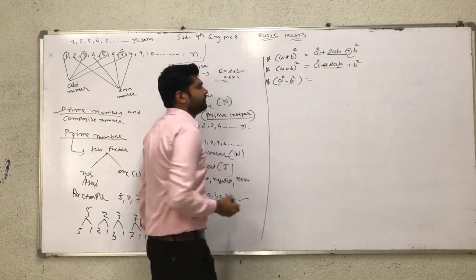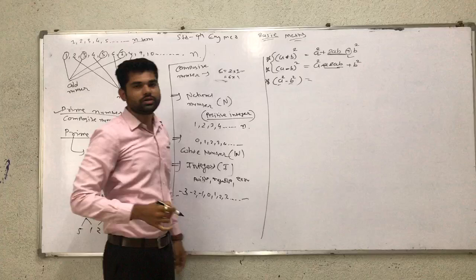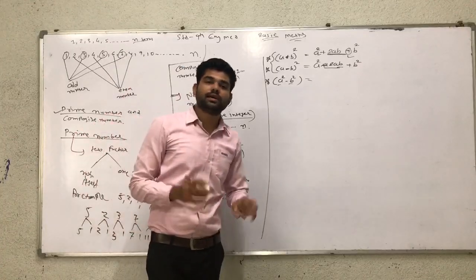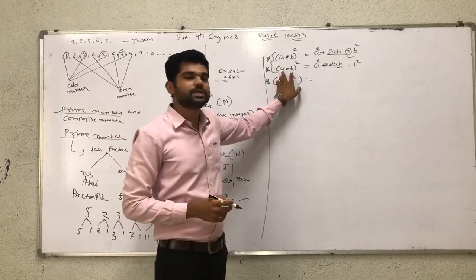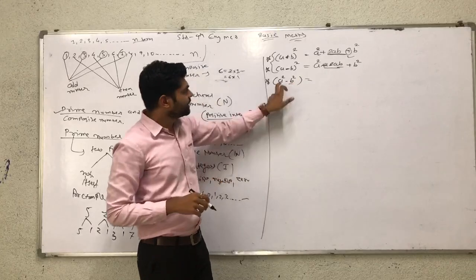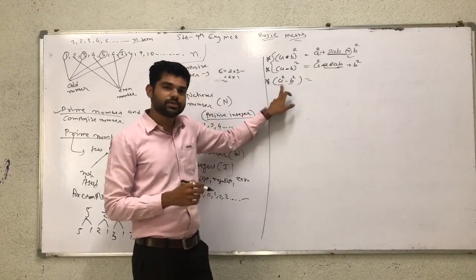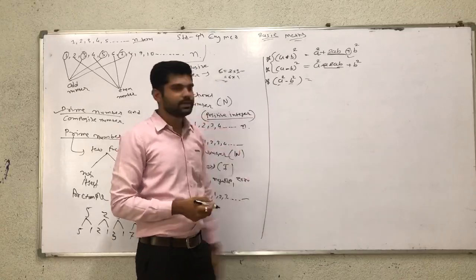Now here is a different form. In the two equations we observe that the square comes after completing two terms. It means addition or subtraction of two terms, then bracket and then square. But here the square is on each particular term. It means first term square minus second term square. How does this simplify?